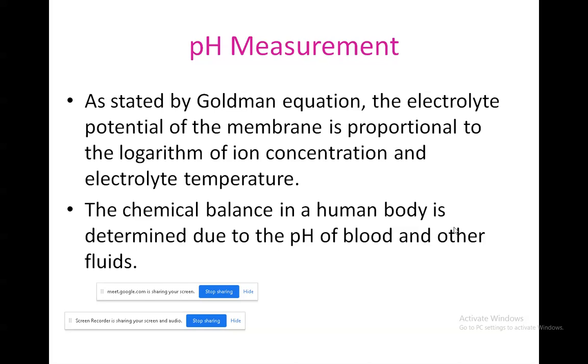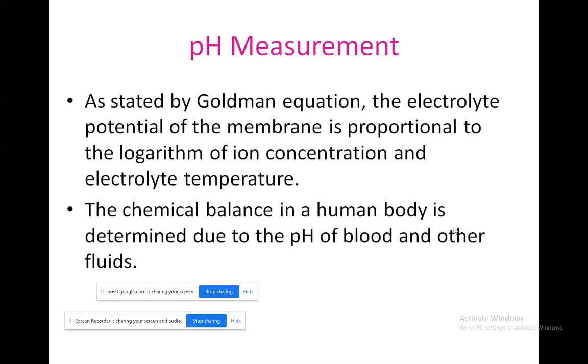Potential means voltage, or strength. So the potential of the membrane will be directly proportional to the logarithm of ion concentration, here the hydrogen ion concentration, and electrolyte temperature.